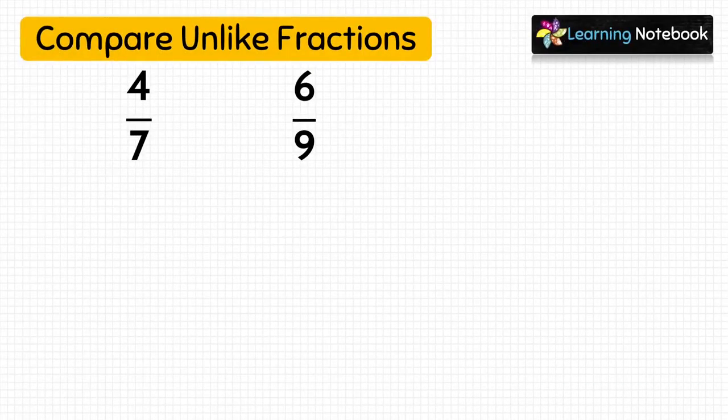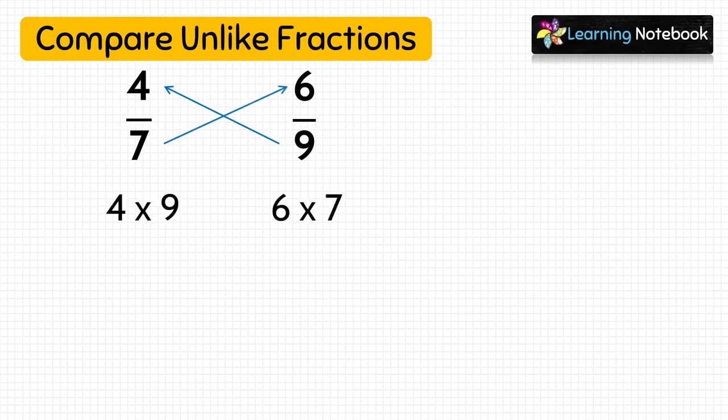Let's see another example. Compare 4 by 7 and 6 by 9. Again, to compare these two unlike fractions, we will use cross multiplication technique. So first, we will multiply 4 by 9 and then 6 by 7. 4 into 9 equals 36 and 6 into 7 equals 42.